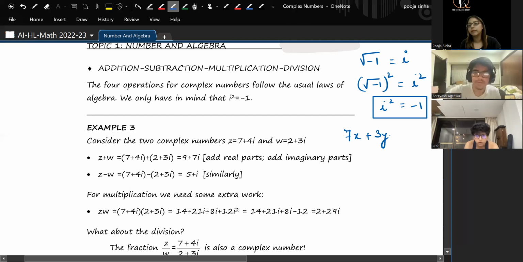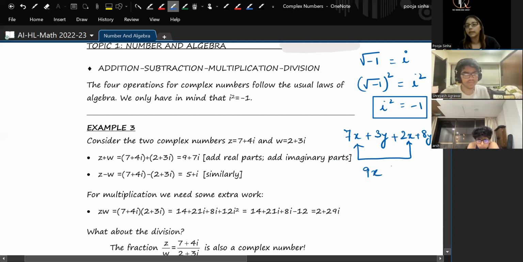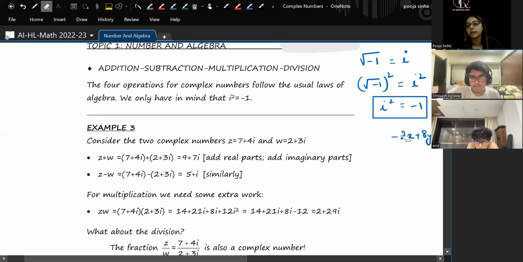No. But if I have 7x plus 3y plus 2x plus 8y, I will add the like terms. 7x plus 2x is 9x, and 3y plus 8y is 11y. Exactly the same concept we'll do here, just that here instead of variables x and y, we have real and imaginary parts.